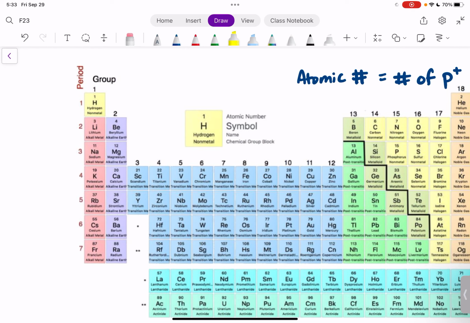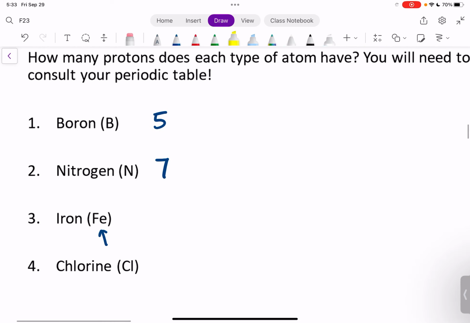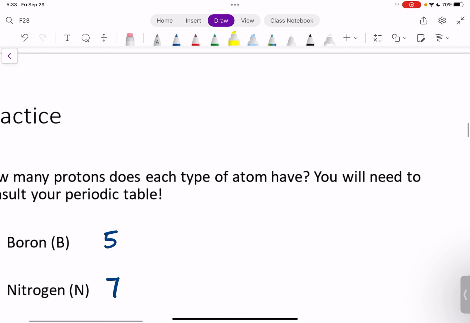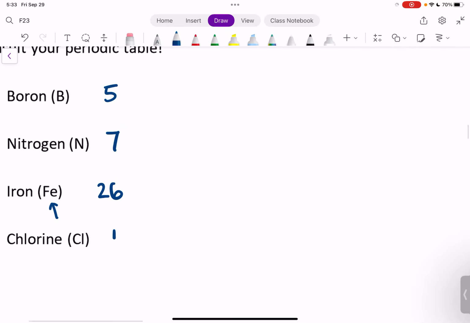And it's okay if this takes you a while at first. You'll get the hang of where things are, but Fe's right there. And then I'm noticing that it's atomic number 26. So that means it has 26 protons. What about chlorine? Chlorine's over here. Atomic number 17. So we have 17 protons.